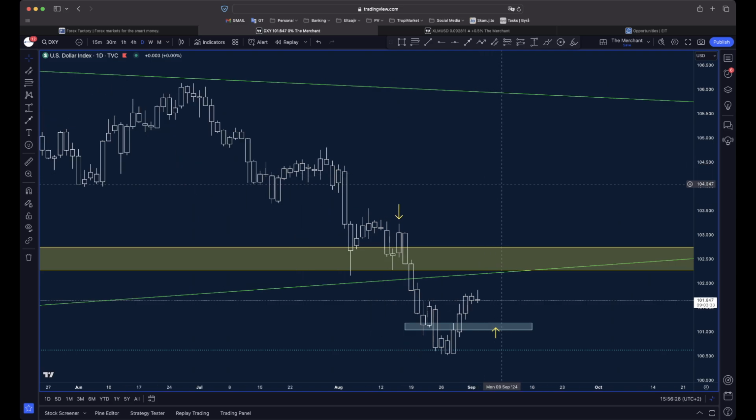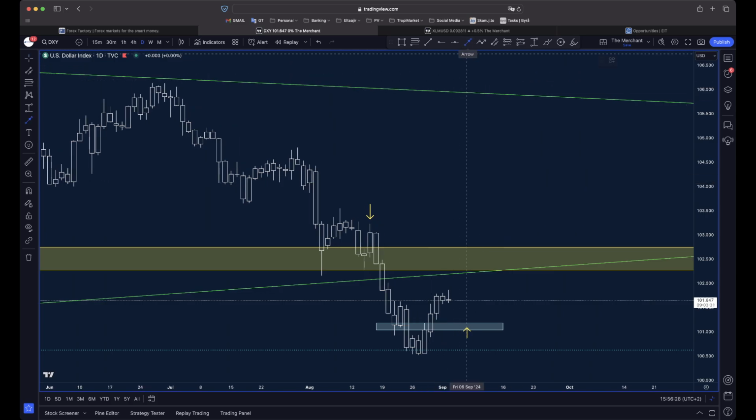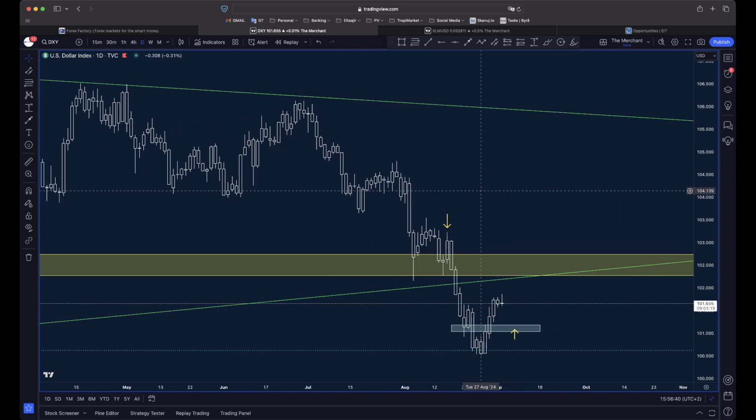That's why we will start to buy once we see price break above this zone, and then we will wait for the retest, and after the retest we will be looking for an opportunity to buy, if any. So that's about DXY.